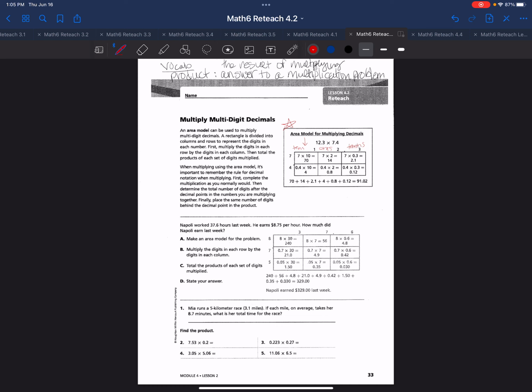Again, going down, this is your ones, and this is your tenths. So this is 4/10 being multiplied by the tens because of place value. This again is 4/10 times 2 ones, and this is 4/10 times 3/10.